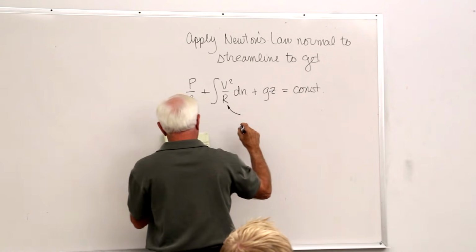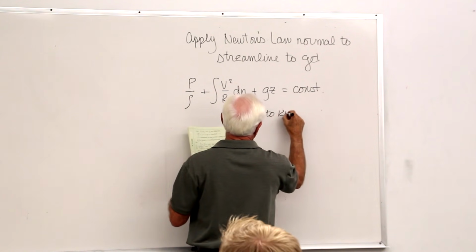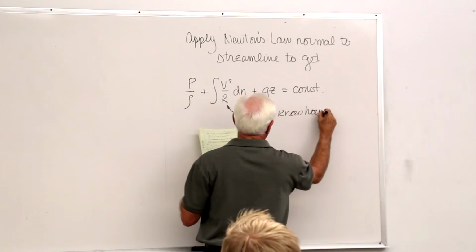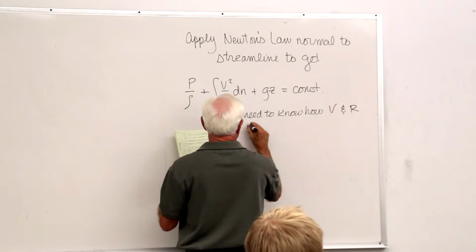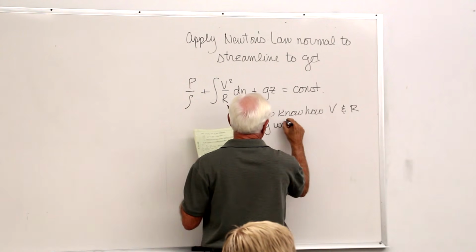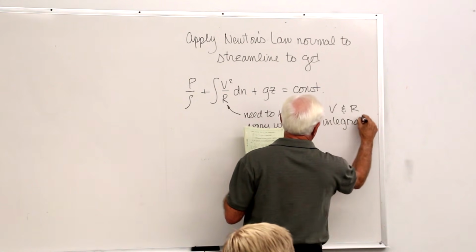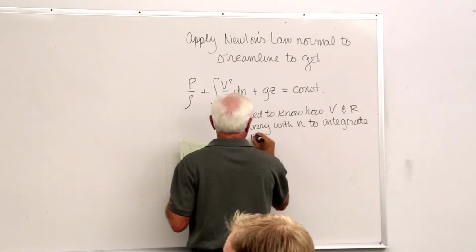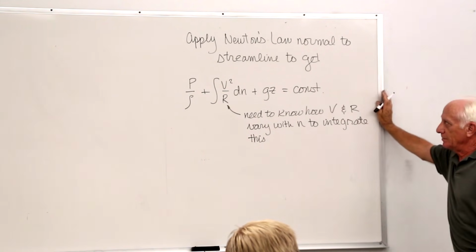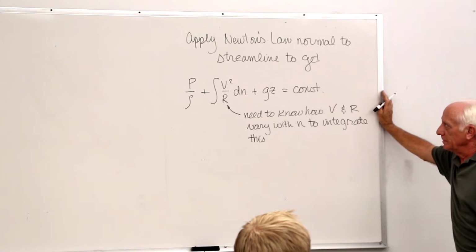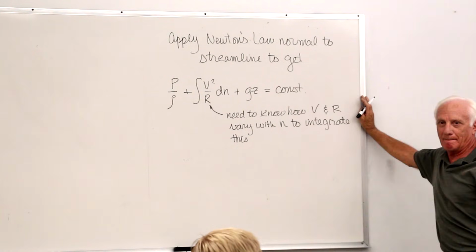This guy here is the radius of curvature. It's more complicated because to integrate that second term, velocity squared divided by radius of curvature, dn, you need to know how both V and R vary with n.